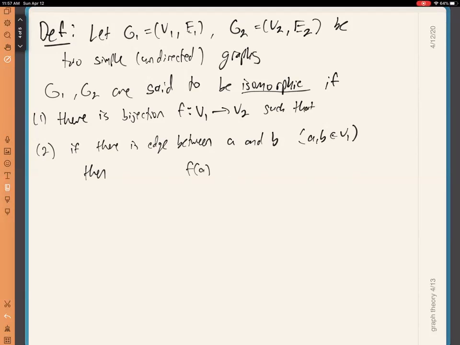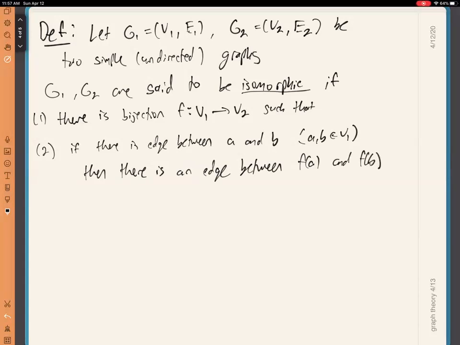And so we want the edge relationships to be preserved. So there should be an edge between f of A and f of B, right? Then there is an edge between f of A and f of B.